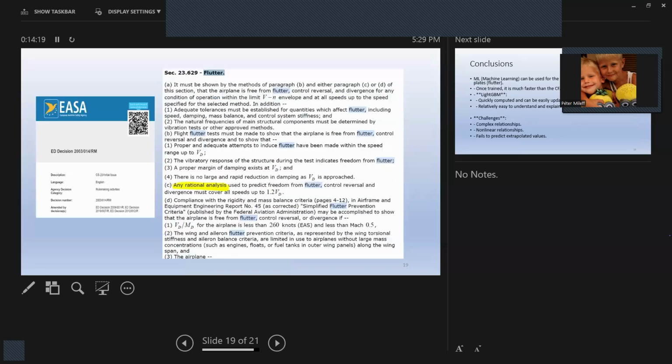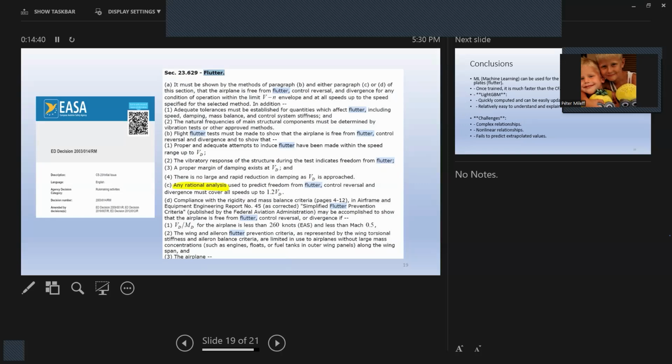basically quite different ones. Where we are going, like in the previous presentation, we also have to satisfy certain standards. This is one of the modern European standards that relates to flutter.